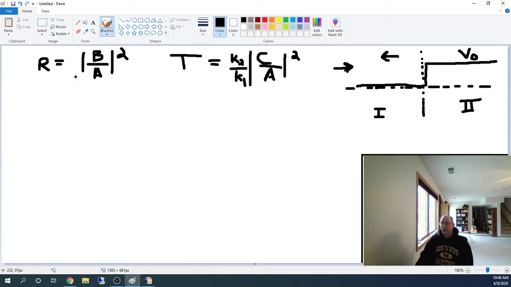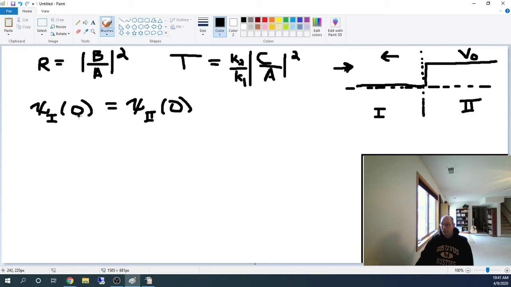Okay, so how do we find what B over A and C over A are? Well, you actually have to apply the boundary conditions. The boundary conditions are that the wave function in region 1 evaluated at position 0 has to be equal to, this is the continuity condition, the wave function in region 2 evaluated at 0.